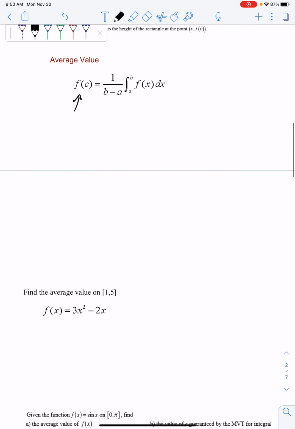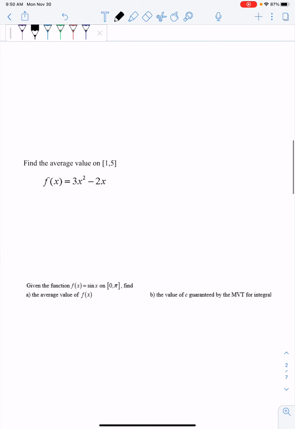So to put this into practice, you're going to see questions like this one. Find the average value from 1 to 5 of this function. It gives me a function, f of x equals 3x squared minus 2x, and it wants me to find the average value from 1 to 5. Well, the average value, that f of c, is going to equal, remember, 1 over b minus a times the integral from a to b of my f of x dx.